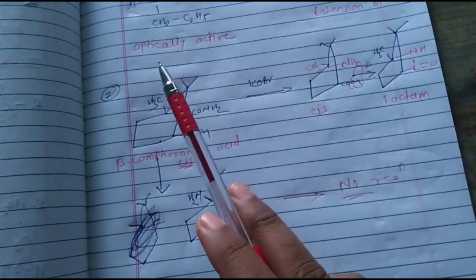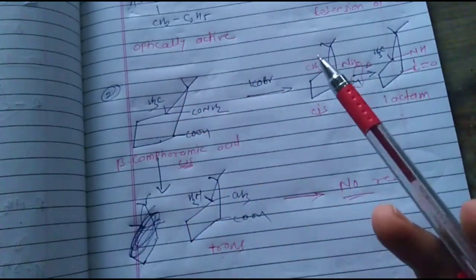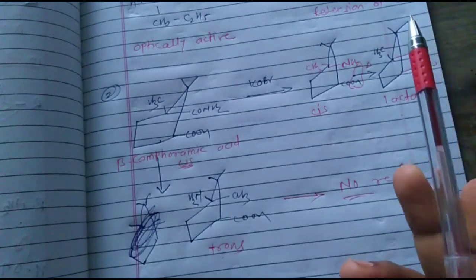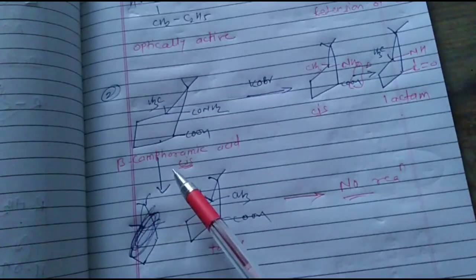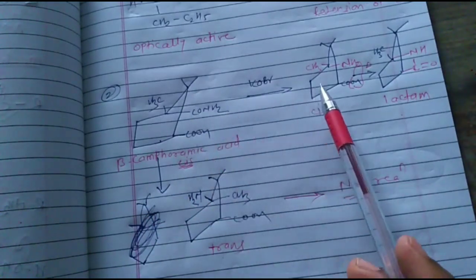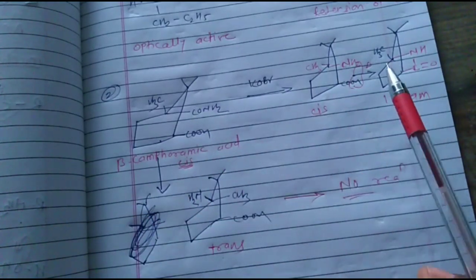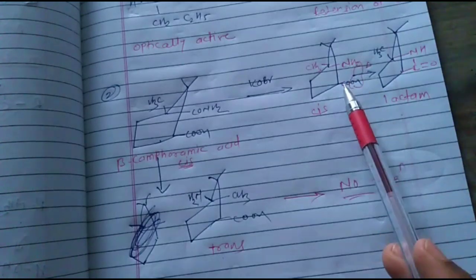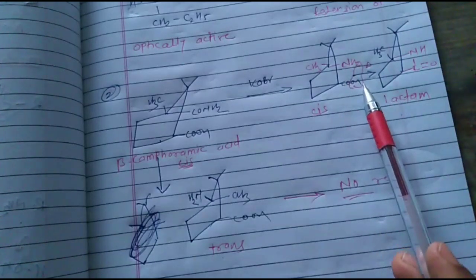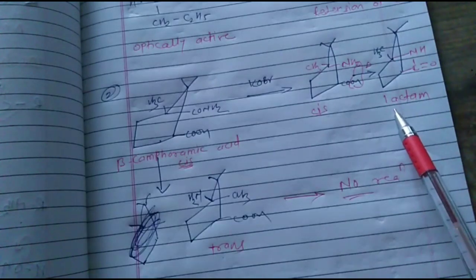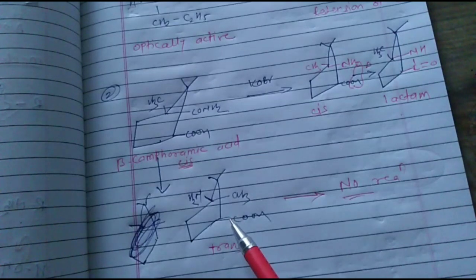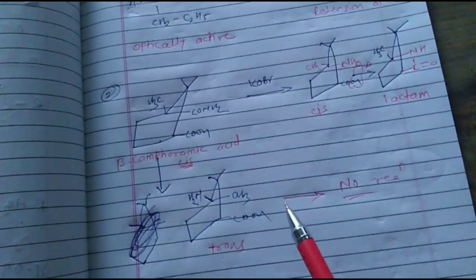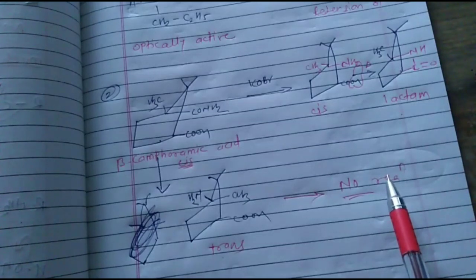That means the optically active compound always gives the optically active product with retention of configuration. But in the case of beta camphoramic acid, if we get the cis product, the reaction of COOH and NH2 takes place by removing a water molecule, that is the formation of the lactam. To stop this reaction, we must get the trans product. Why? Because with the trans product, further reaction cannot take place.